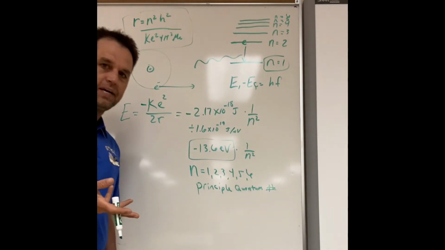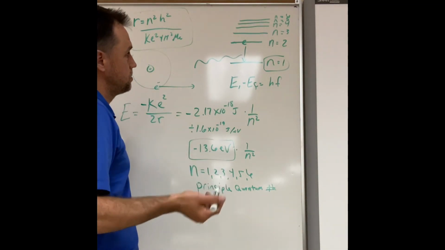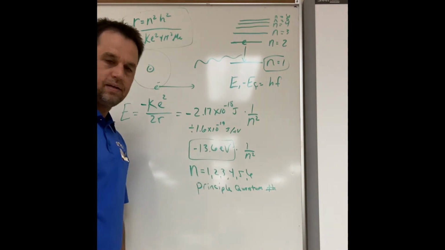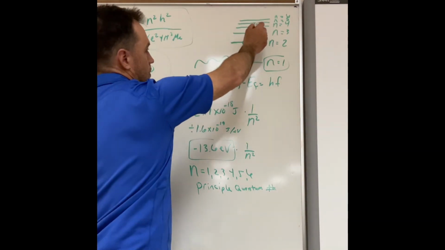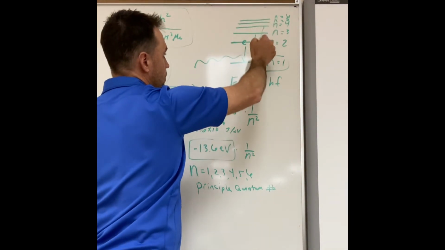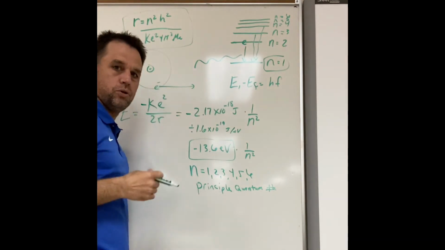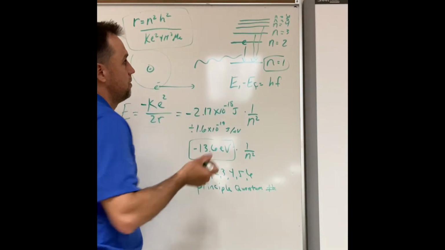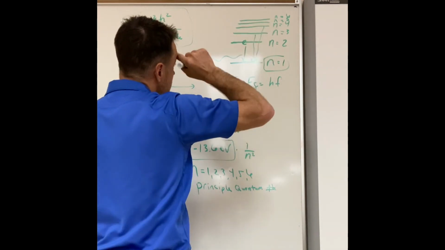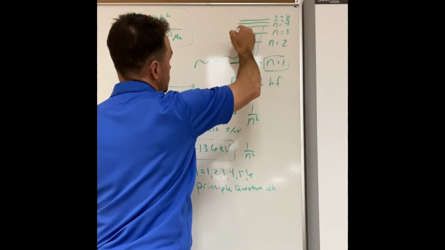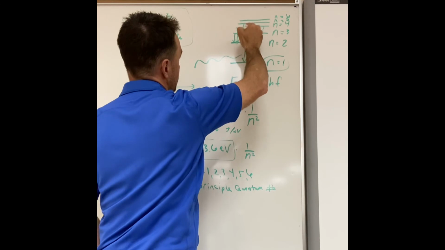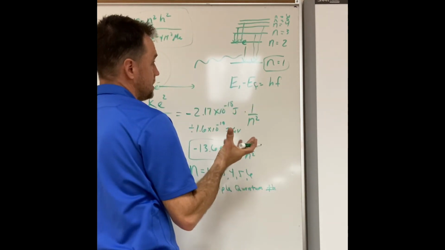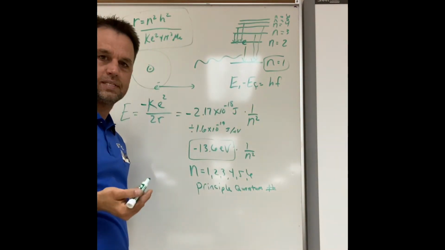So if you study hydrogen, and you look at the jumps that you might make down to level 1, like from 2 to 1, 3 to 1, 4 to 1, these jumps usually give off UV light, higher energy light, because they're bigger jumps. Where the jumps to level 2, from 3 to 2, 4 to 2, 5 to 2, give off the visible light, the spectral lines that we saw.